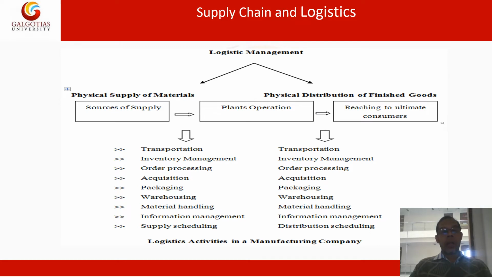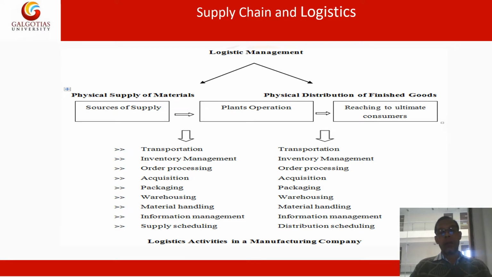You'll see between the materials management and physical distribution, many activities are common. Like when the material is sourced from the supplier, it is transported, packaging is done, then warehousing is done, material handling is done, information management.